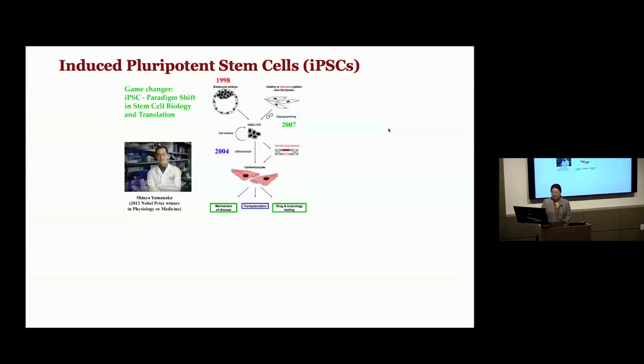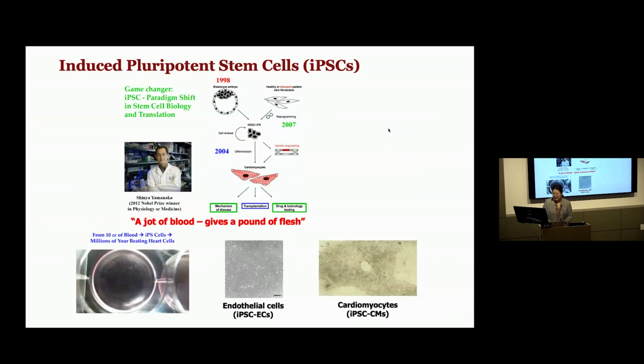To answer this, I want to introduce first a very powerful tool, induced pluripotent stem cells, iPSCs, discovered by Yamanaka. These cells just need a small amount of blood, which is reprogrammed to iPSCs, and then we can differentiate these iPSCs into endothelial cells and beating cardiomyocytes, as we can see here.